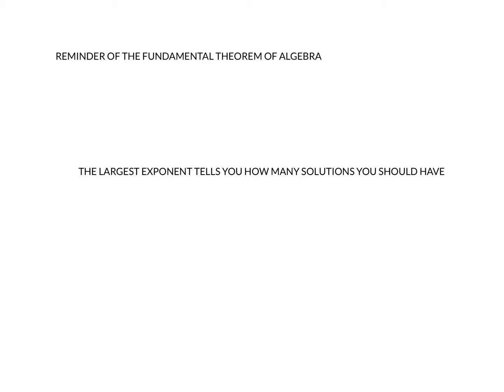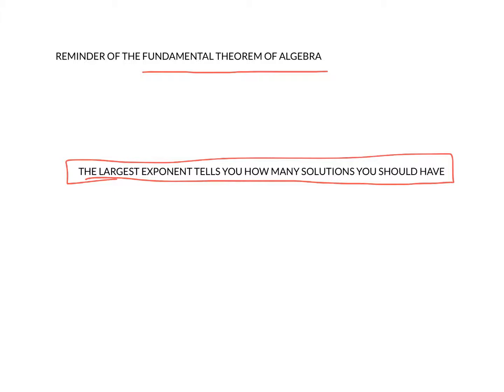All right. One of the big key features that you're going to have to know in this unit is the fundamental theorem of algebra. Now again, like you saw earlier, there's a lot of drawn out mathematical definitions, but what it basically tells us is the largest exponent we have in the problem tells me how many answers we should have. So if my lead variable is x to the 6th, this tells me I should have 6 solutions.